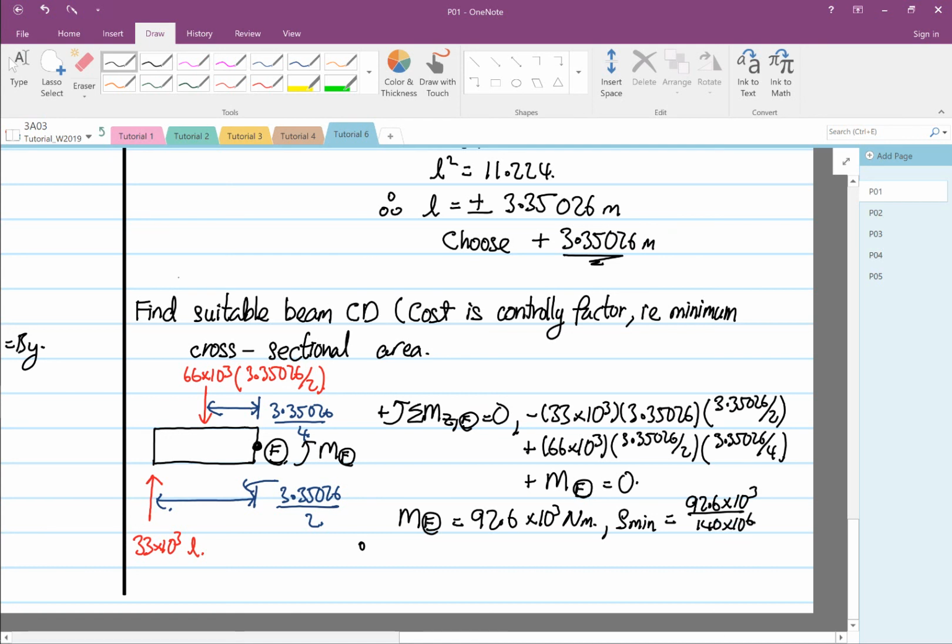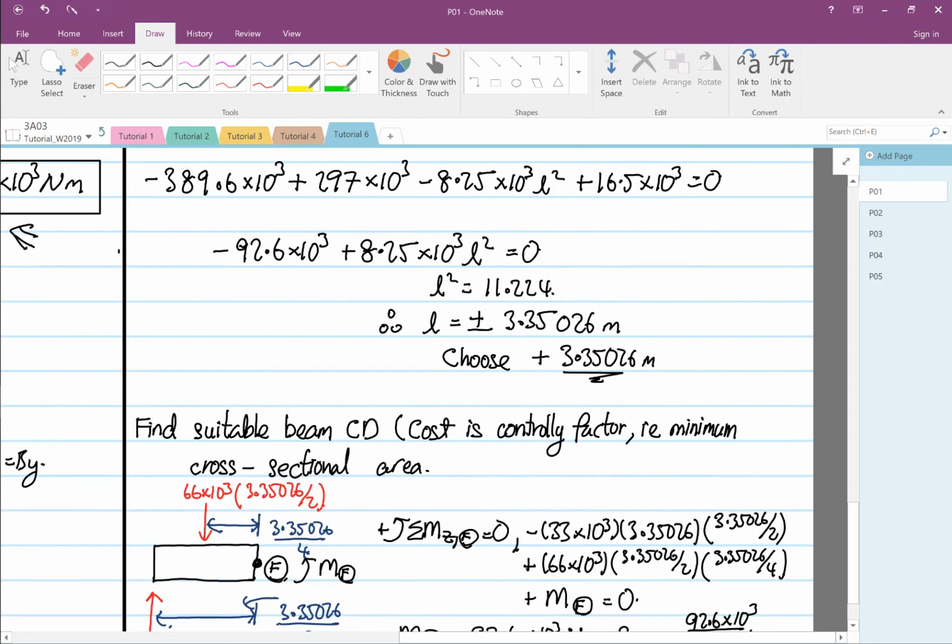So therefore the S min, 92.6 power 3 divided by 140 power 6, is equal to 661.4 times 10 to the power minus 6 meter cube, or 661.4 times 10 to the power 3 millimeters cube.